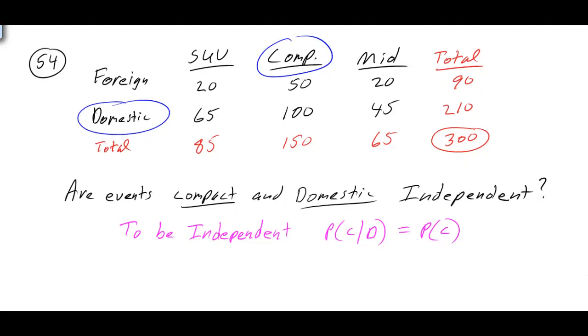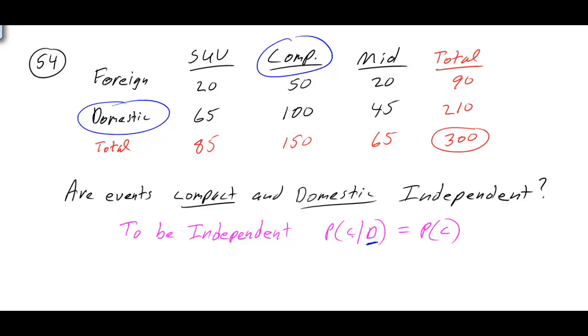And keep in mind, when we say the events are independent, that means that the probability of one has no effect on the other. So to be independent, that means the probability of compact given domestic should be equal to the probability of compact. Because what this is telling us is that given that we have selected domestic here, it has no effect on the probability of a compact car.